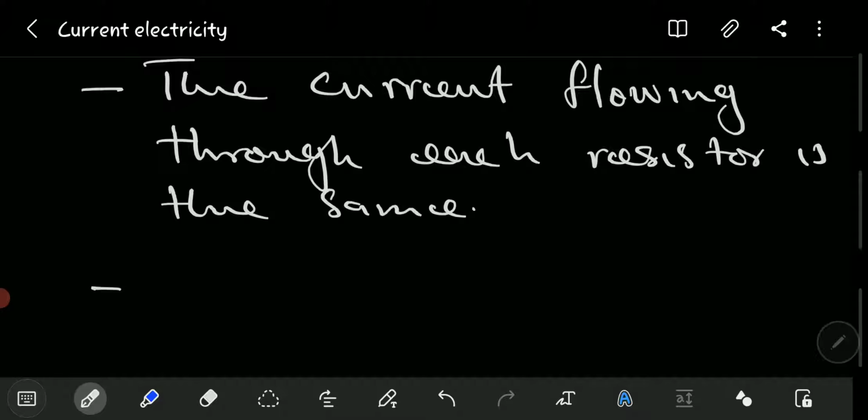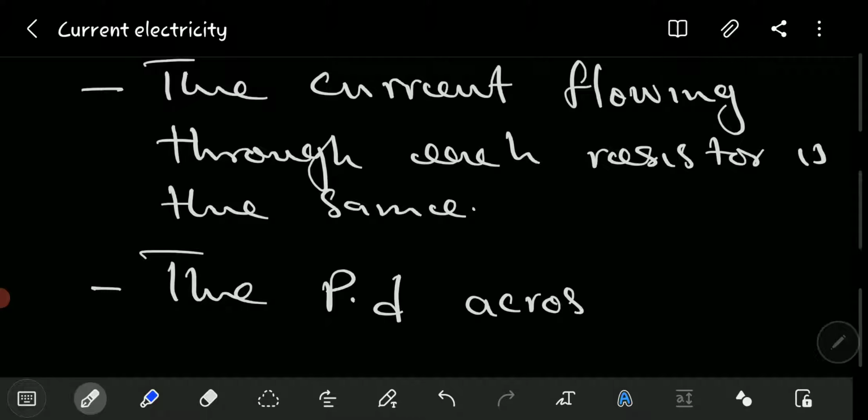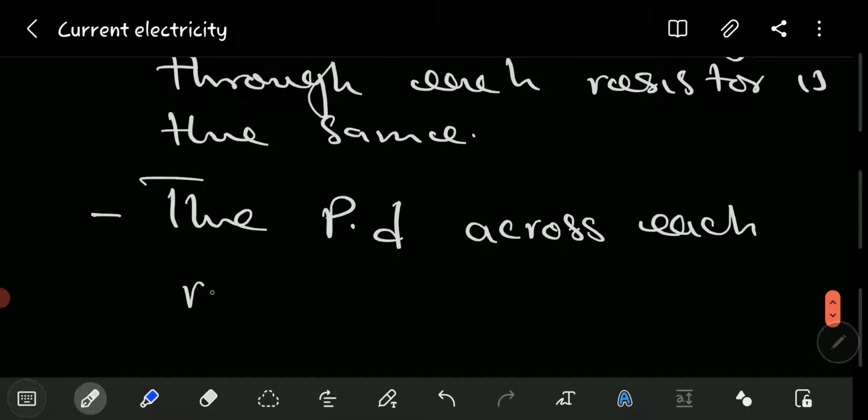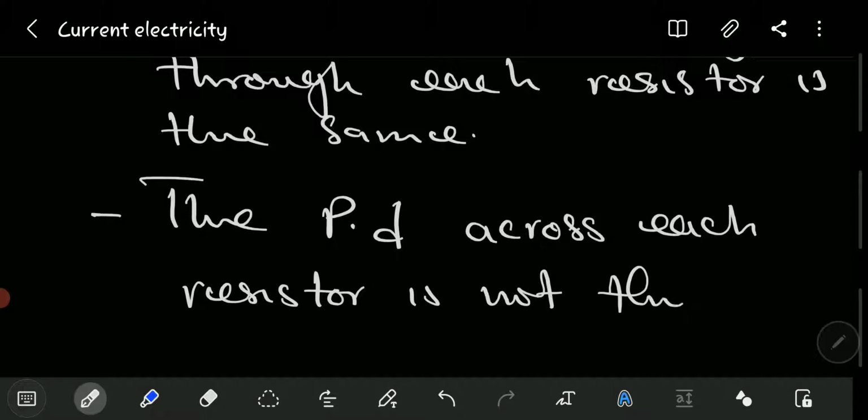However, the sum of potential differences across resistors in series is equal to the EMF. So the potential difference across each resistor is not the same.